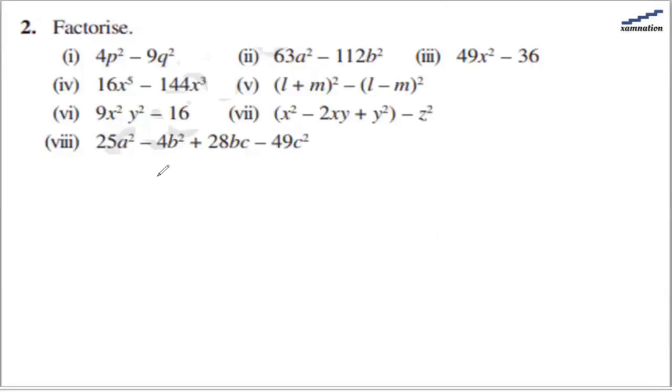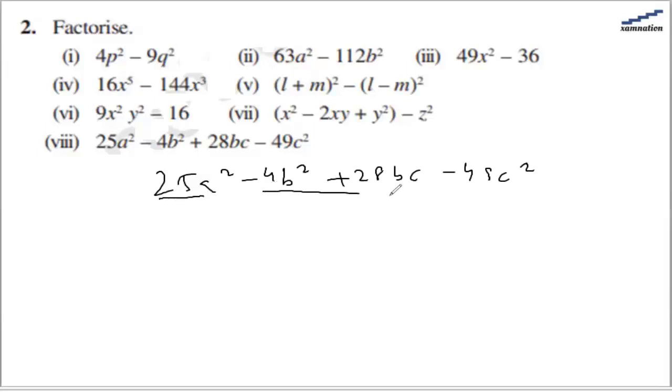For the eighth part, we have 25a square minus 4b square plus 28bc minus 49c square. This can be solved like this. We club these terms and these terms separately.